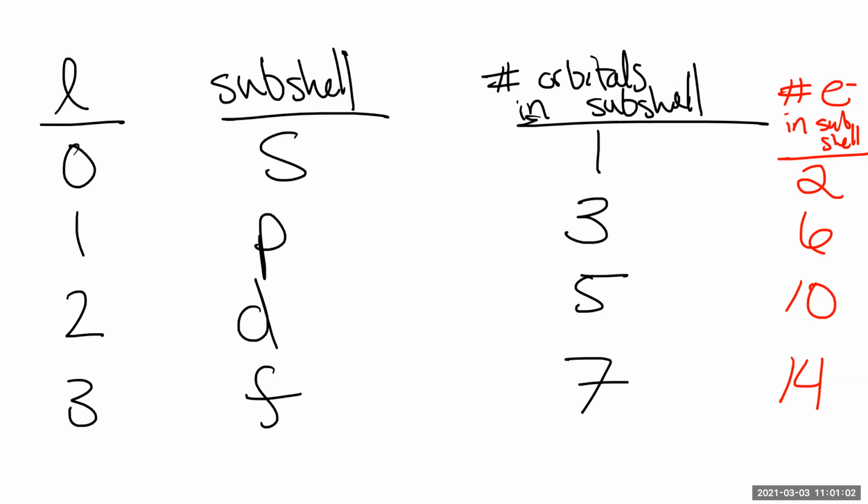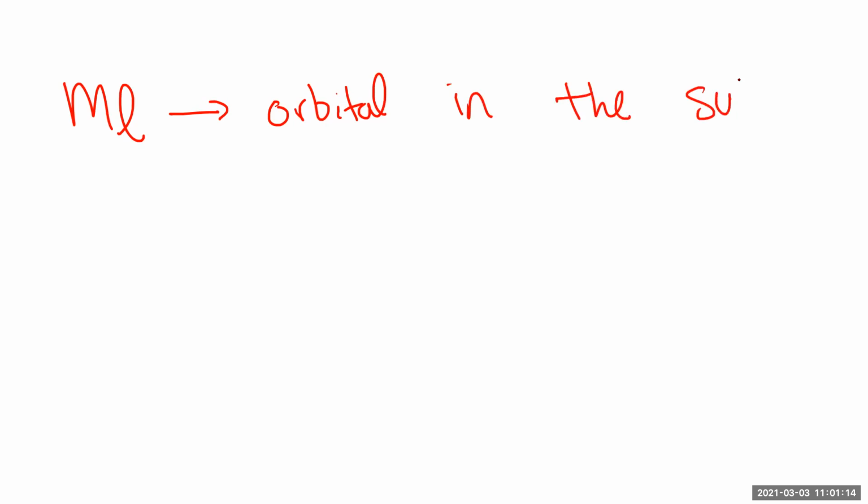Okay. So going back to what we were talking about, M sub L tells us the orbital in the subshell.